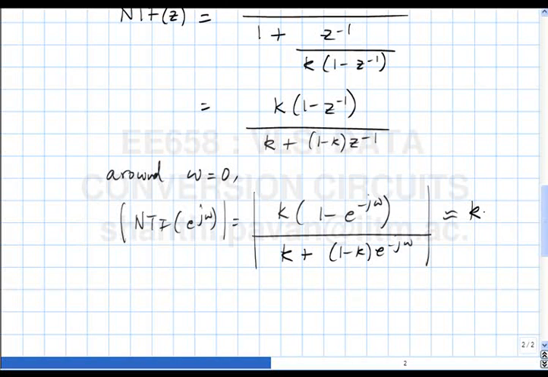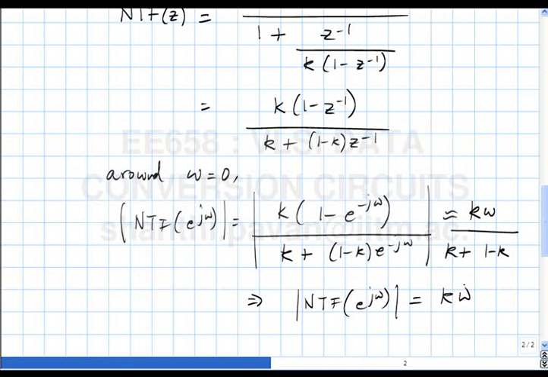It simply becomes K omega divided by K plus 1 minus K, which is simply K times omega. Does this make sense? Okay, it makes sense from the math, but physically can you explain this?